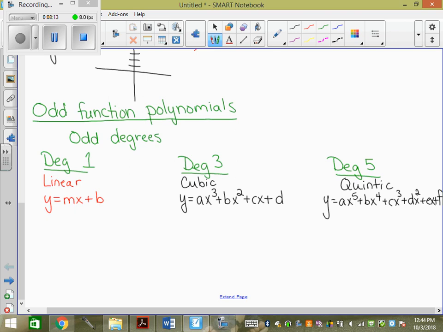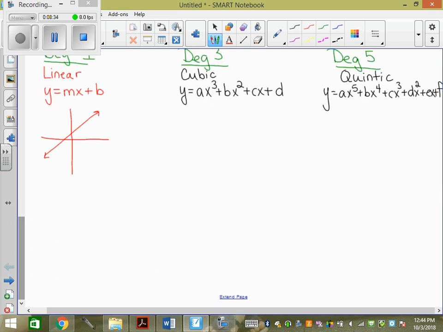We need every term with zeros for placeholders when we do synthetic division, but you don't need every term in order for it to be quintic. So a degree 1 function, it can look like this, or like this.